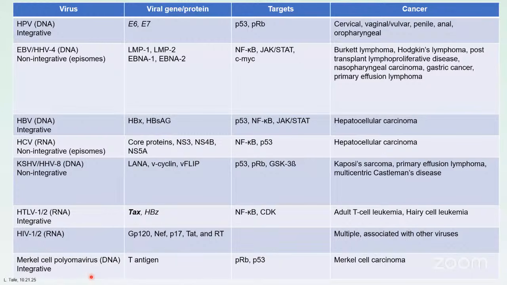And then subsequently, I list here some of the important oncogenes or oncoproteins derived from these viruses, the pathways they tend to target, as well as the cancers induced by them. So hopefully you'll find this a helpful resource down the road when you need to come back and think about all these oncogenic viruses and the differences in terms of DNA, RNA, and the importance of the viral proteins that they induce.